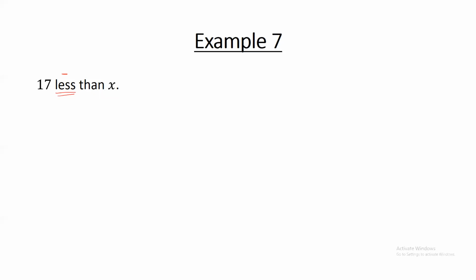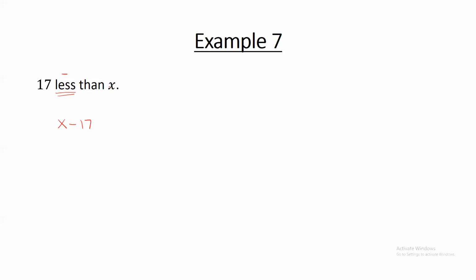It's a little bit of a confusing phrase because here 17 comes first, x comes second, but in reality, the way that you should write this if you're going to do it correctly is x minus 17, not 17 minus x. The second number comes first, the first number comes second. And the reason is just the way that the grammar works.